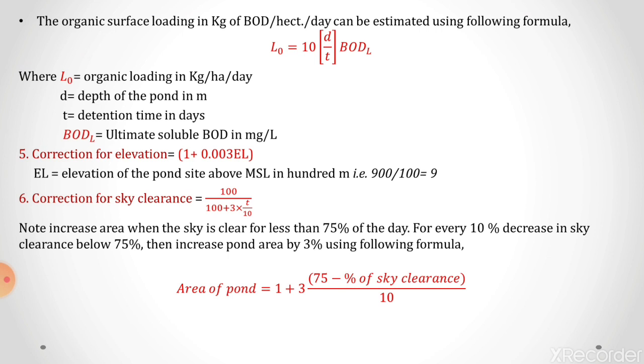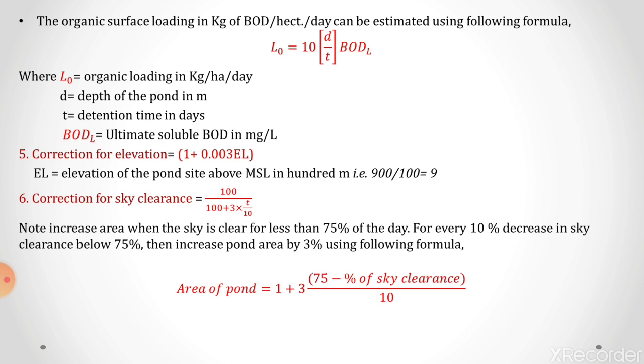Whereas the correction for sky clearance will be calculated by this formula, 100 divided by 100 plus 3 into T divided by 10. Note, increase area when sky is clear for less than 75% of the day. For every 10% decrease in the sky clearance below 75%, increase the pond area by 3%.